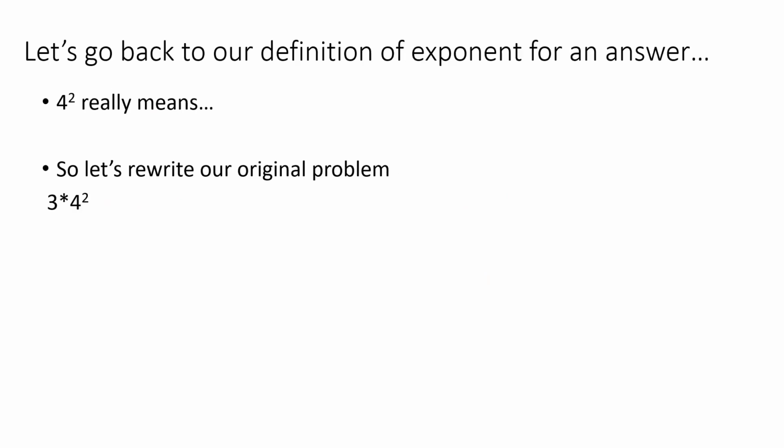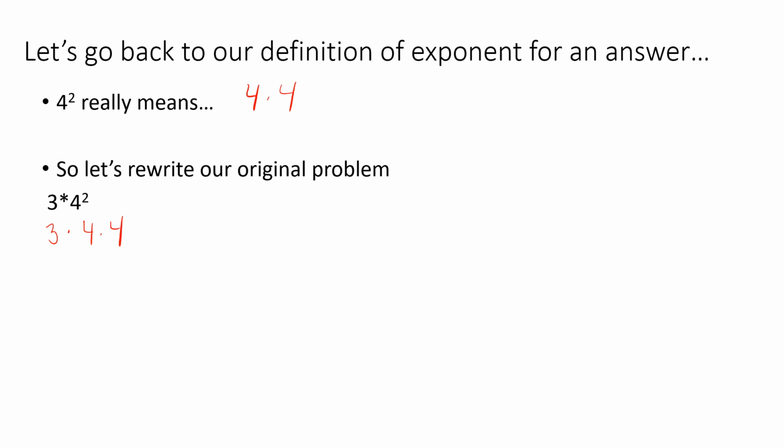That's where we want to be with our order of operations. But let's go back to our definition of an exponent. 4 squared really means 4 times 4. So as I did with the previous problem, I'm going to rewrite it. Instead of 3 times 4 squared, I'm going to take that 4 squared and replace it with 4 times 4. As I did in the previous problem where I turned everything into addition, now we've successfully turned everything into multiplication, which is commutative, which means I can multiply this in any order that I want.